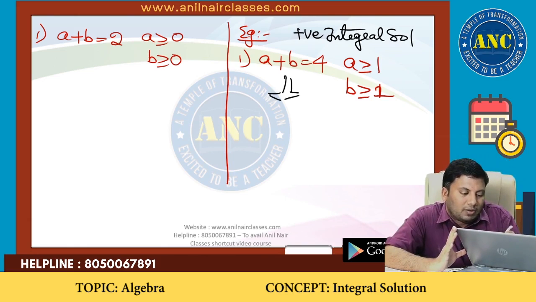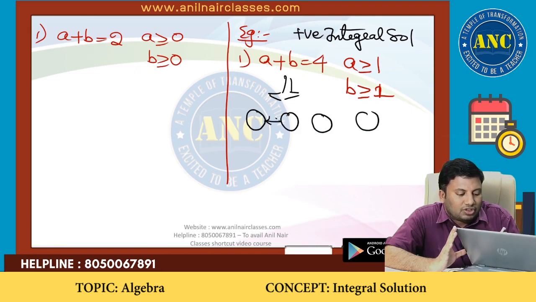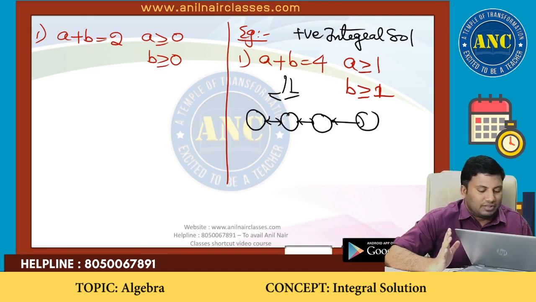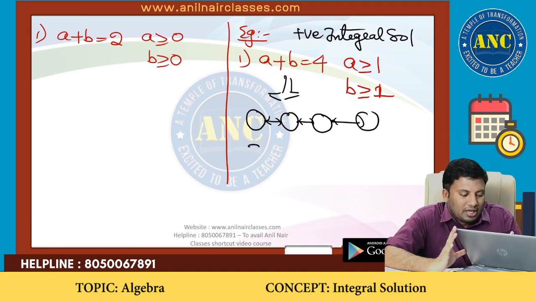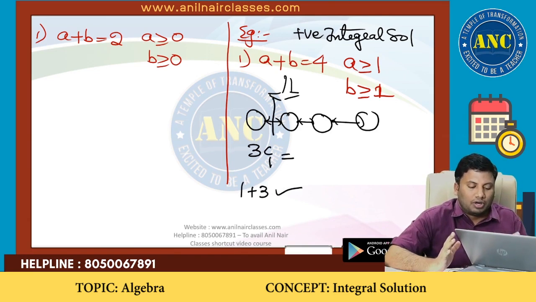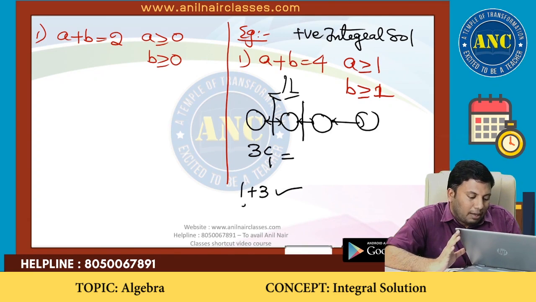a plus b is equivalent to 4. 4 means there are 4 balls. There are 3 gaps in between them. If I select any one gap, I will get one solution. If I select this gap, 1 plus 3 is 4. Or if I select this gap, 2 plus 2 is 4.